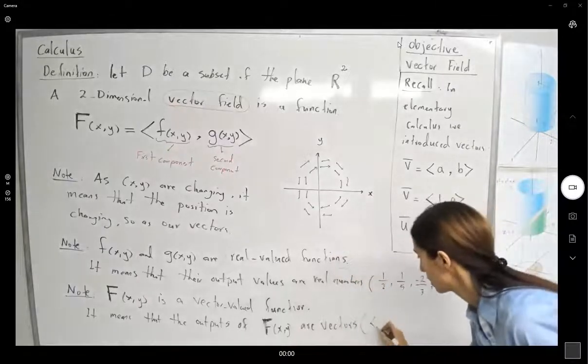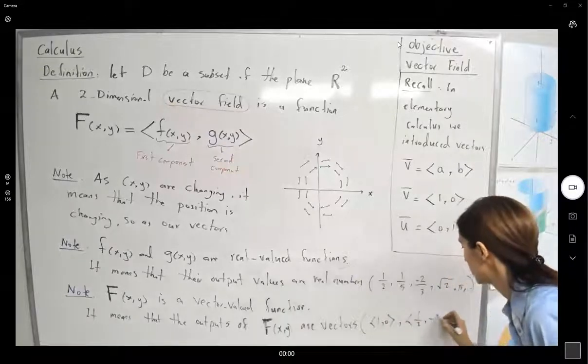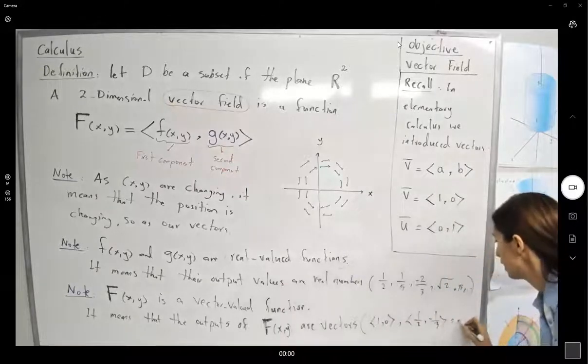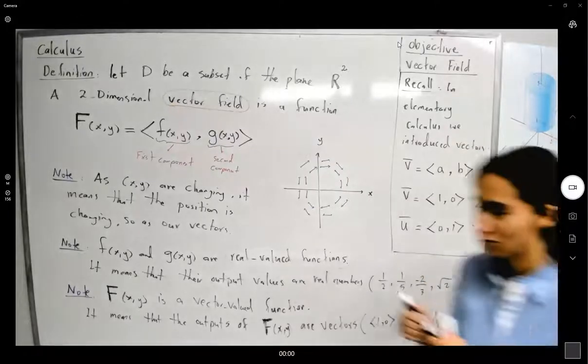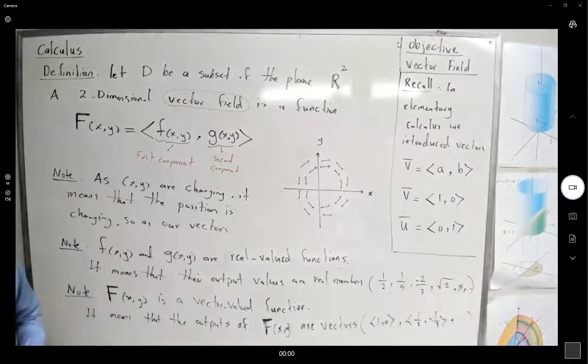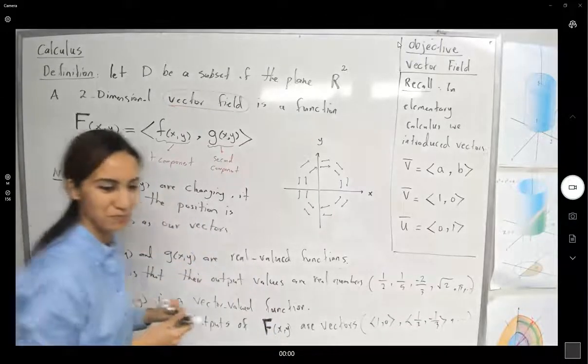Like what? Like 1, 0, like a half, negative a third, and so on. These are the output values of a vector function, which in this case, you have a vector field.